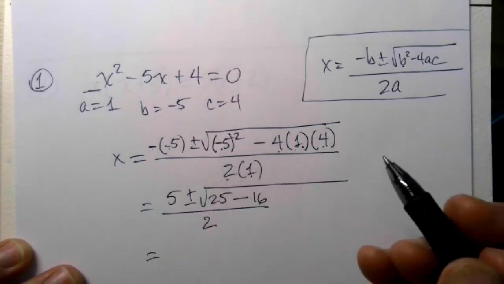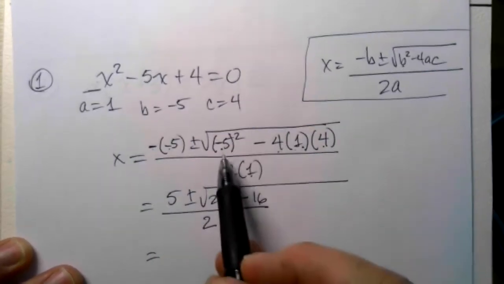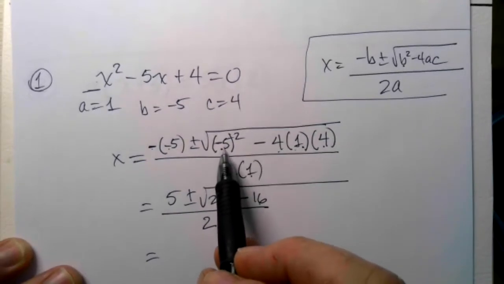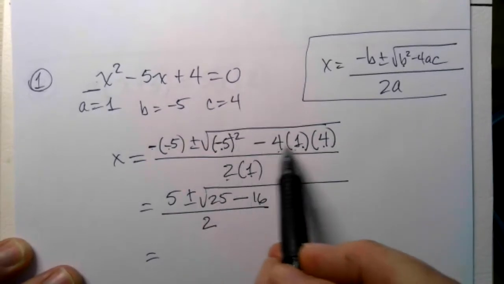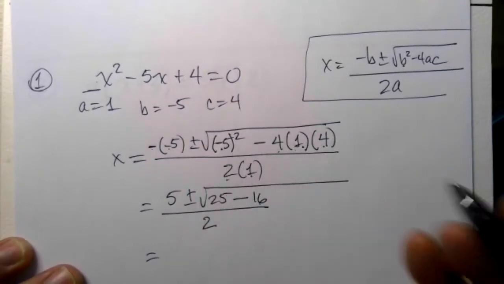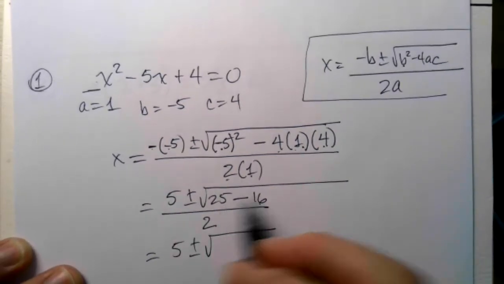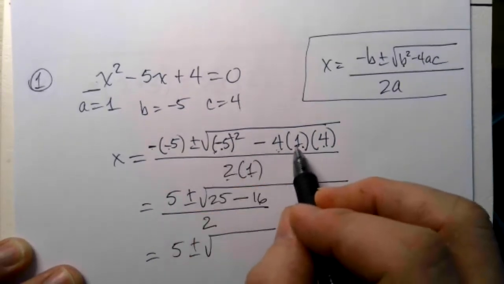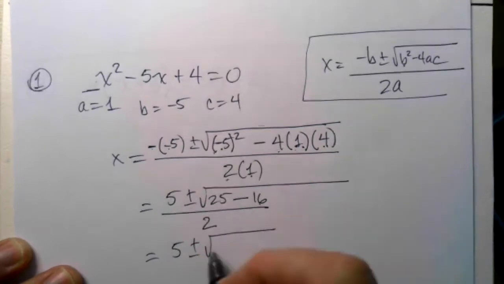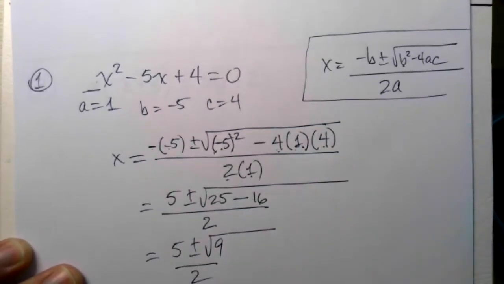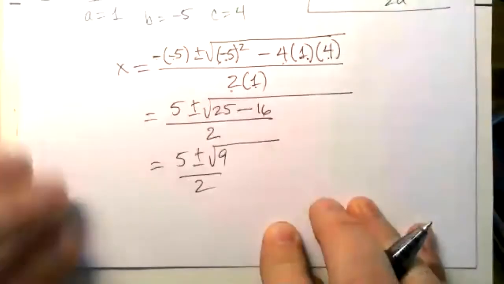Just be careful that you're typing things in correctly. Like you can type in negative 5 in parentheses squared minus 4 times 1 times 4, and it'll be 9, and it'll work. That's all good, provided you type in the parentheses here, and 4 times 1 times 4, that works. So this is now 9 over 2. Sorry, I'm running out of room here.